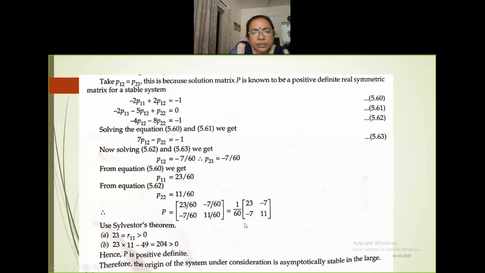So you will be getting P of this one. Then use Sylvester's theorem, that is, each and every leading minor has to be greater than 0. Here the 23/60 is greater than 0. Now this determinant, you will be getting the value 204, which is greater than 0. Hence P is positive definite. Therefore the origin of the system under consideration is asymptotically stable in the large.